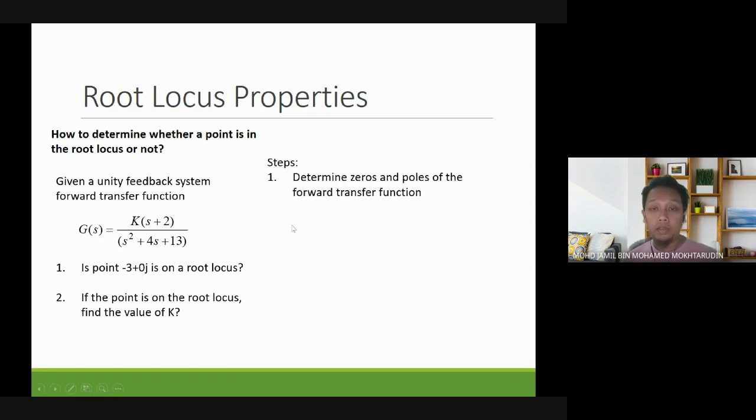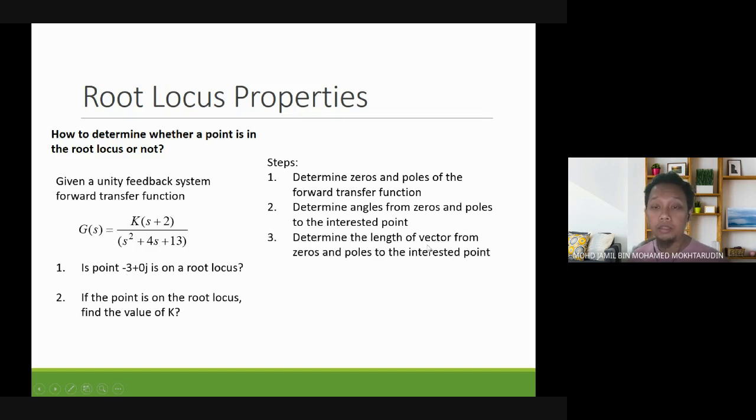So these are the steps. Firstly, we need to determine the zeros and poles of the forward transfer function. This is applicable only for a unity feedback system. Then we determine the angle made from the zeros and poles to the point of interest, -3.